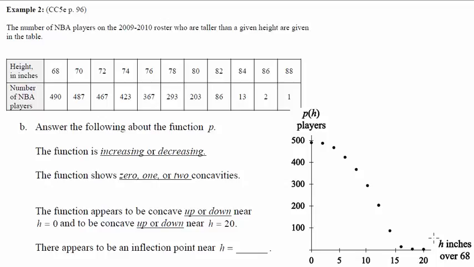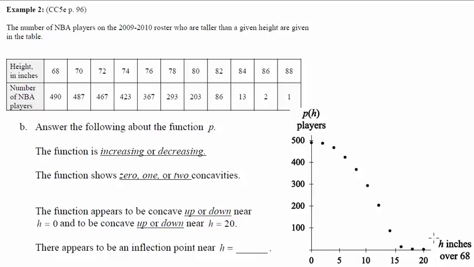So these are the heights in inches of various NBA players in 2009 and 2010, and how many of the NBA players were taller than this specific height. So the first one here we have is 68 inches, and we see that 490 folks were taller than 68 inches, all the way up to 80 inches, where I only have one person.